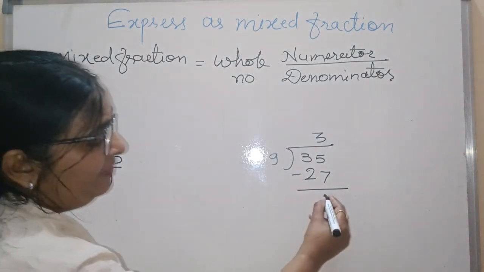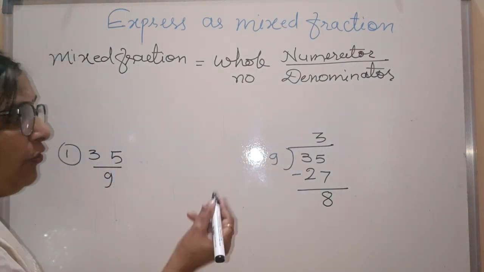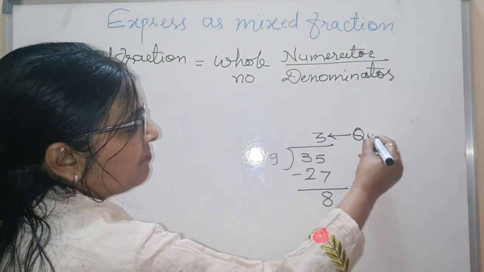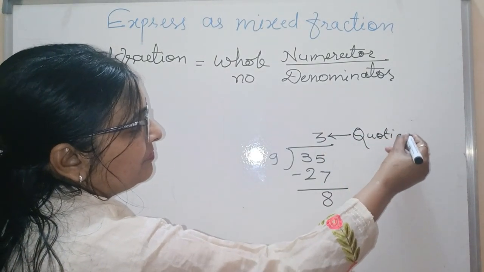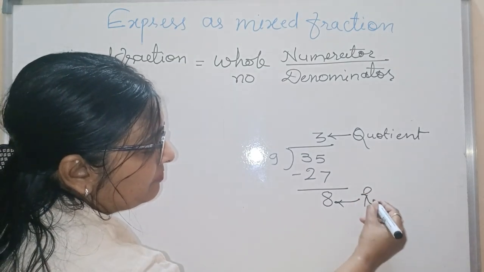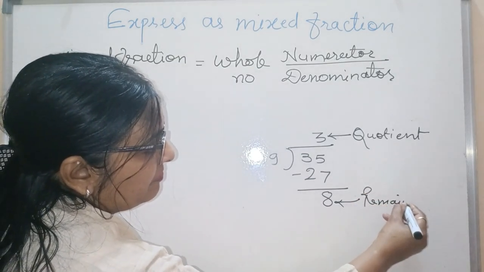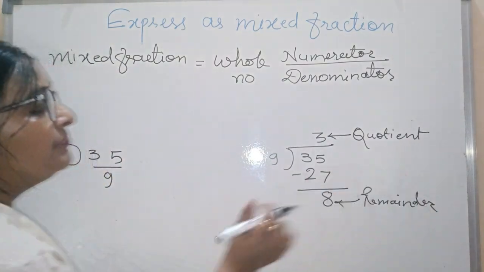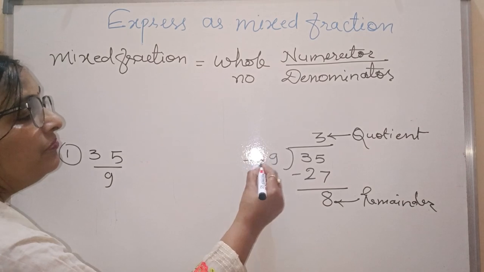How much left here? 8. You all know that this is called quotient. This is your remainder. And this is your divisor.